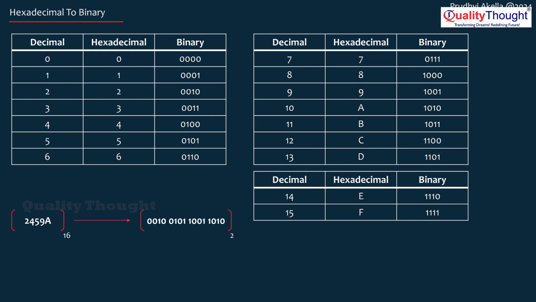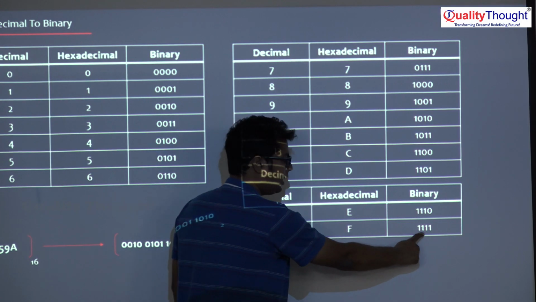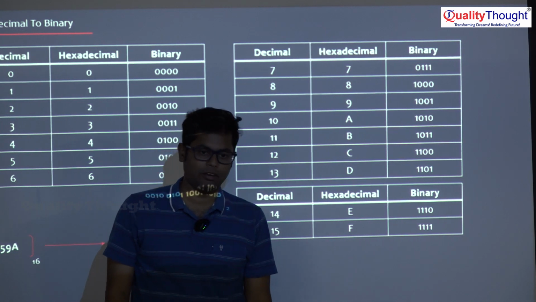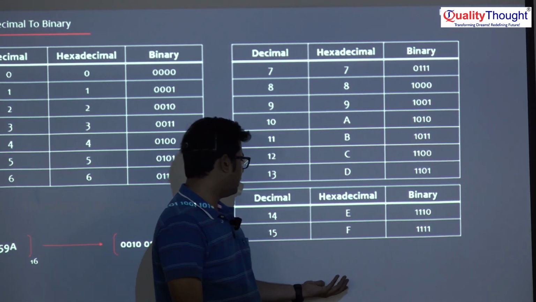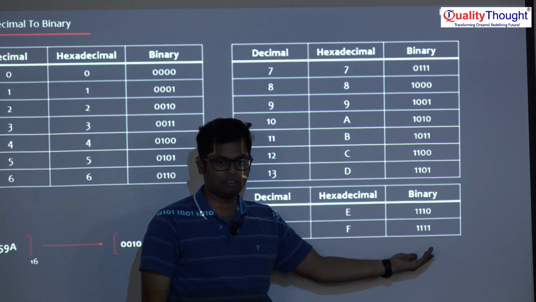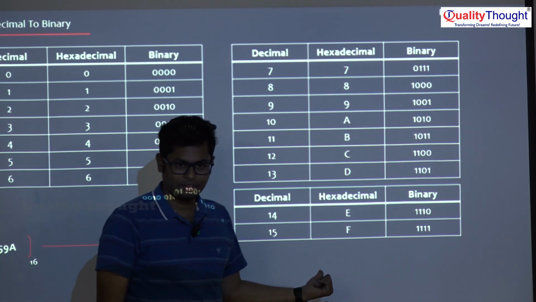Again you add 1 to the most significant bit, then it will become 1000. Then for 9 it's going to be 1001. For 10 it's going to be 1010. Like that, for 15 it's going to be 1111.